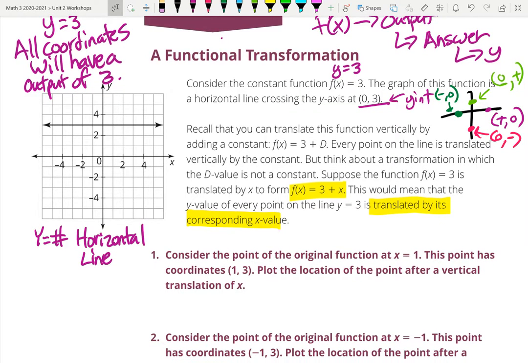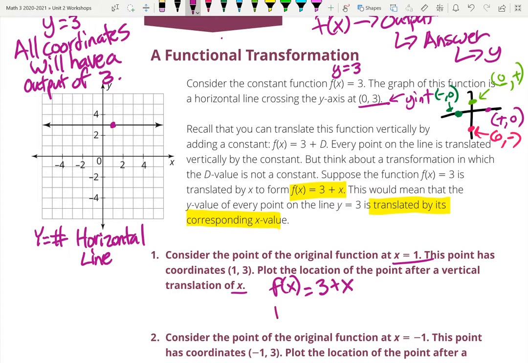So we're going to consider the original function at x equals 1. Okay, x equals 1. So I'm going to go ahead, use this purple color. When x is equal to 1, notice where it's at. It's at 1, 3. After a vertical translation of x, to vertically translate something, you are going to go ahead and take your equation, and I'm translating it by x.